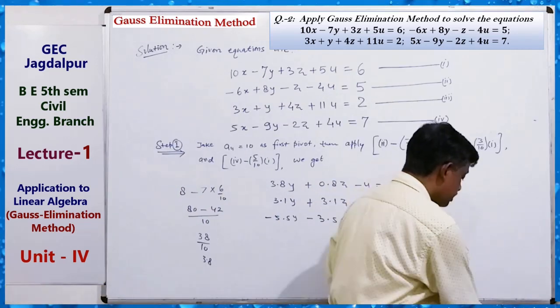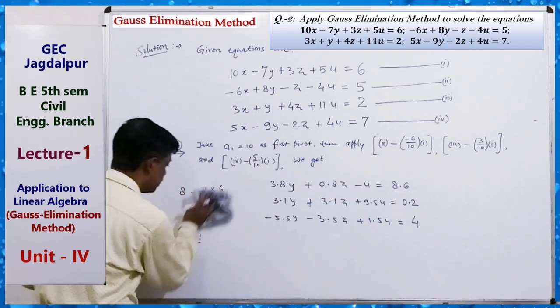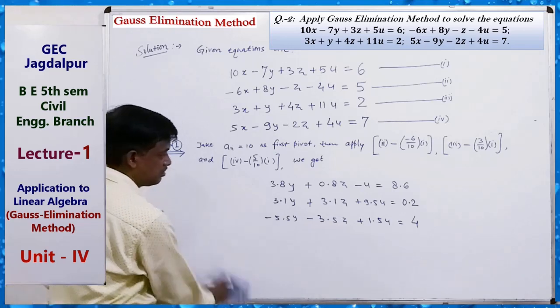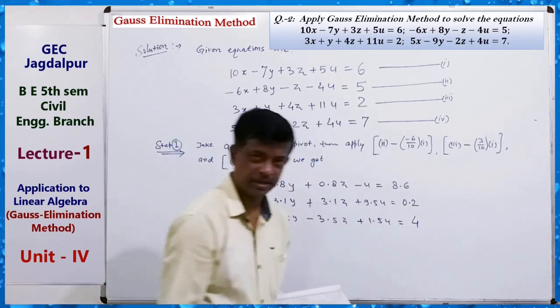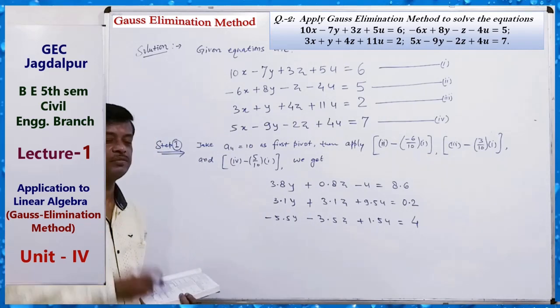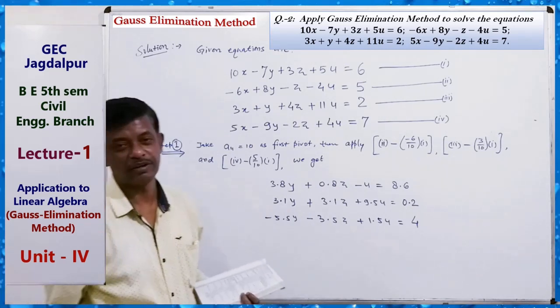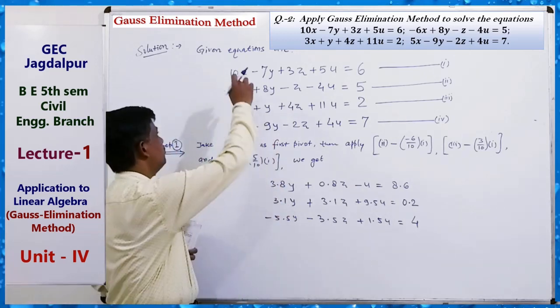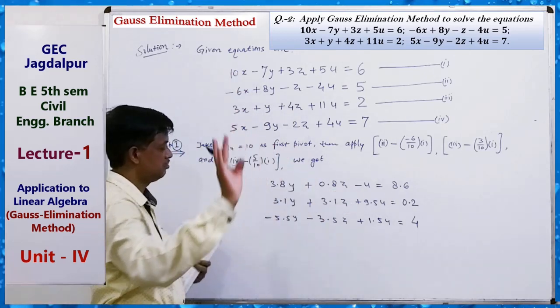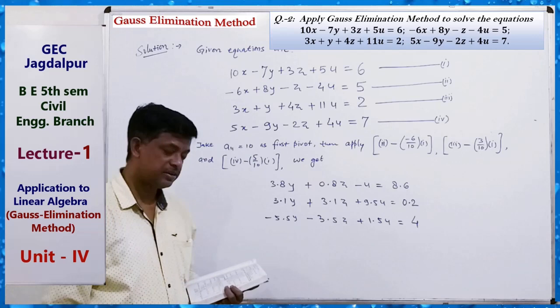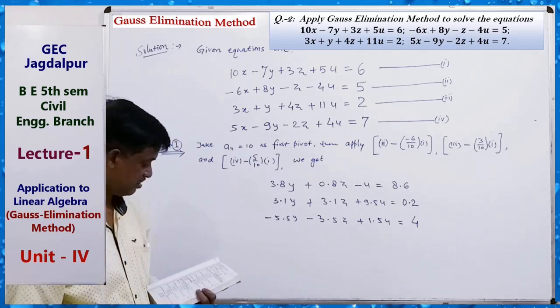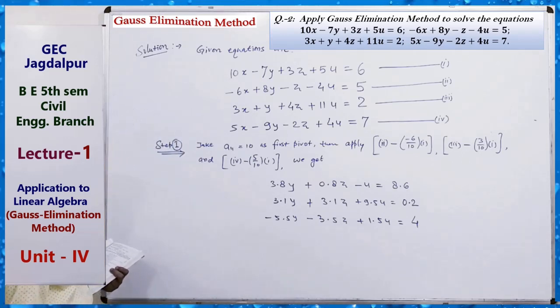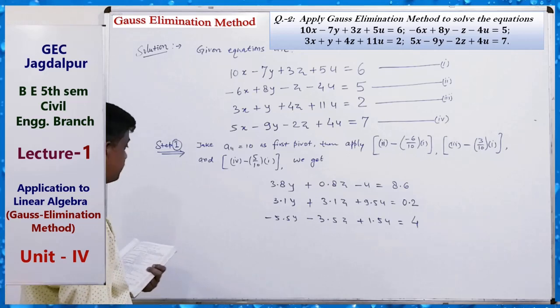You can use a calculator and do the calculation, because it will actually be done by computer after doing programming. So here you just have to know what the method is, by taking this pivot. Now our pivot will be 3.8.